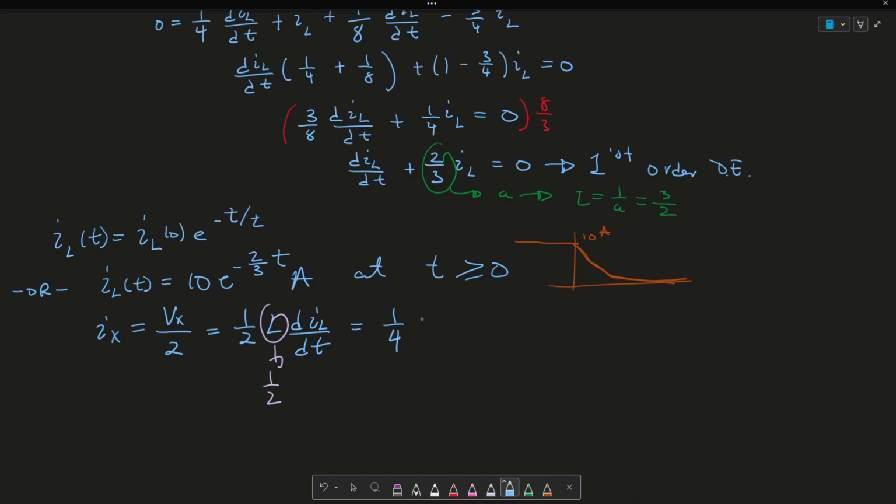So then 1/4 d/dt of 10 e to the minus 2/3 t. So then what do we get?